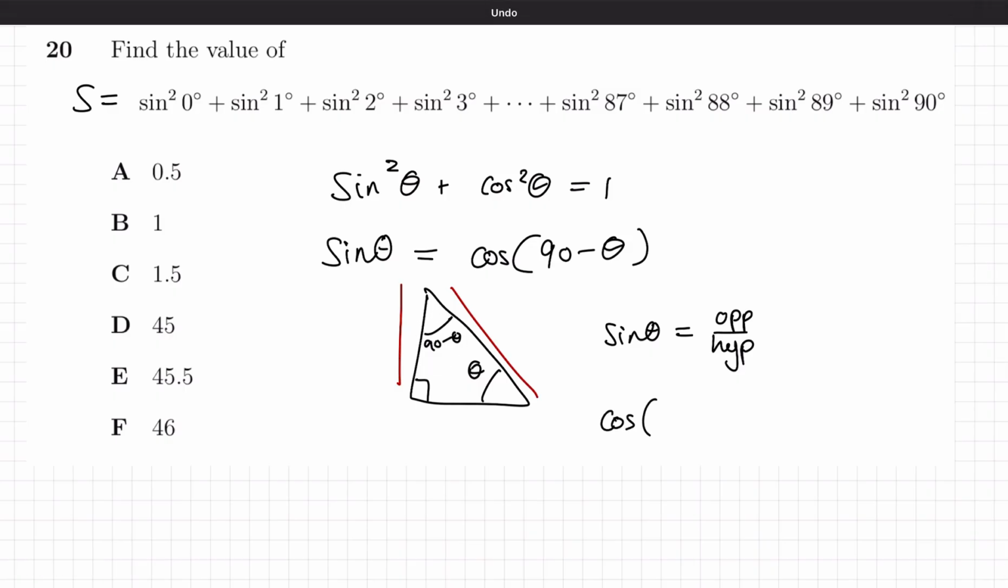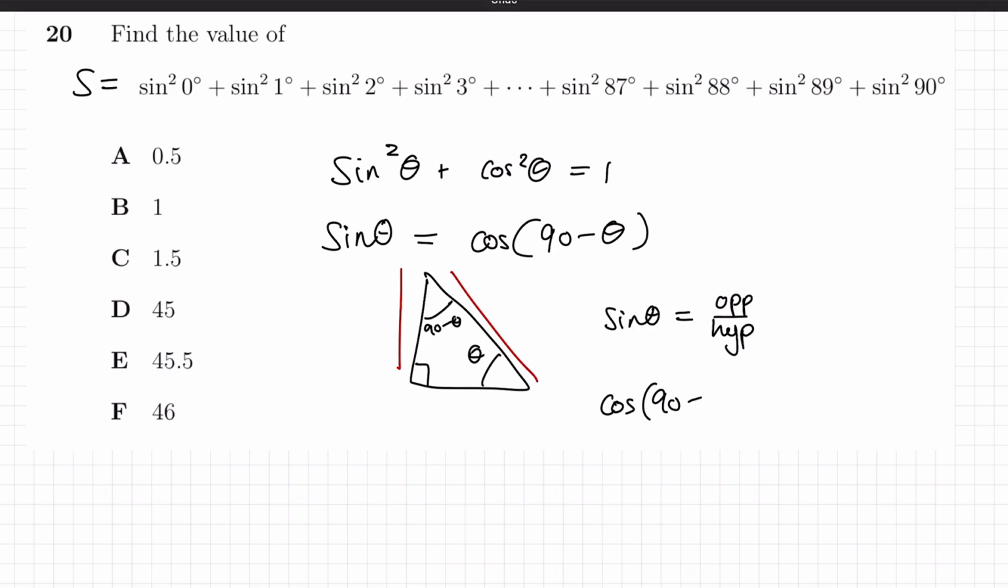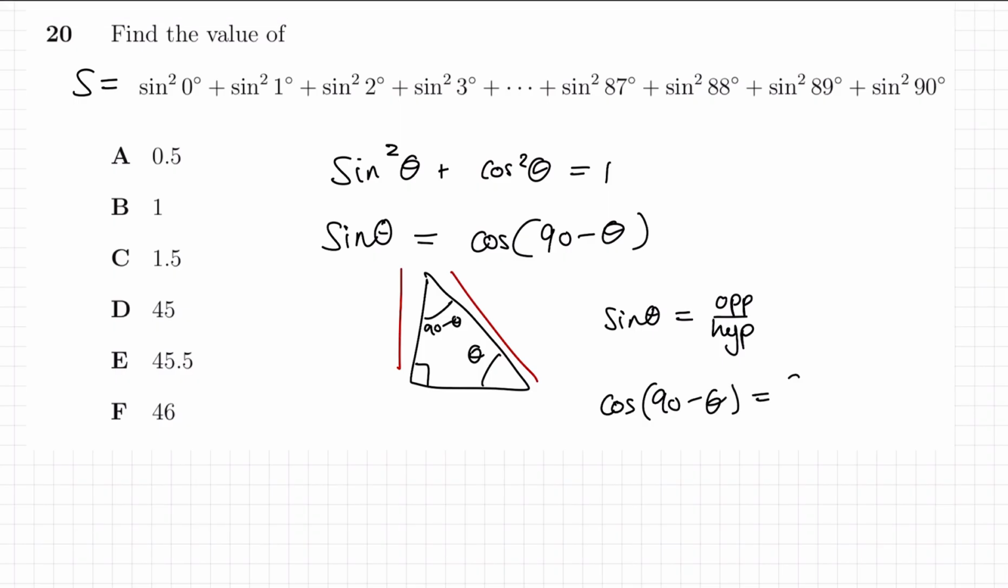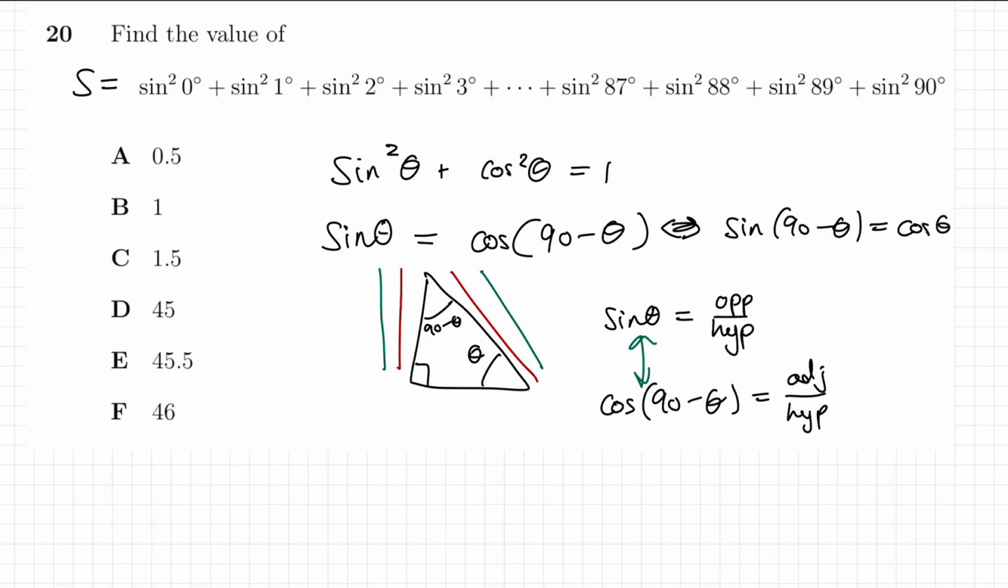And so if we took cos of this angle, we'd be looking at the adjacent over the hypotenuse. But look what the adjacent is. Well, the adjacent is just this side over that. So this is why these two are actually equal to each other. And with this, you can make a substitution and set this also to be the other way around, which should intuitively work when you think about it.